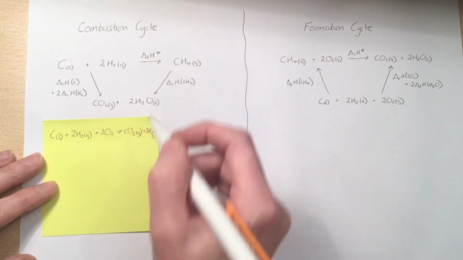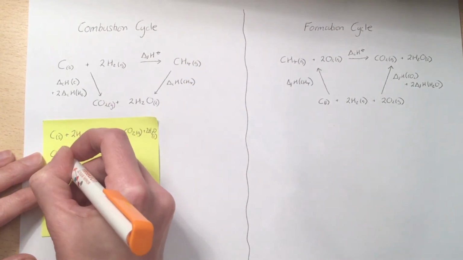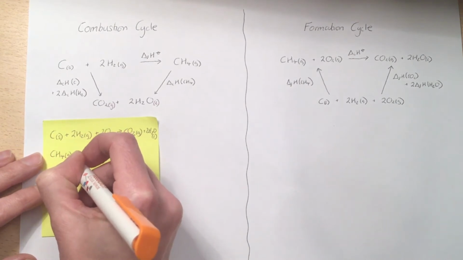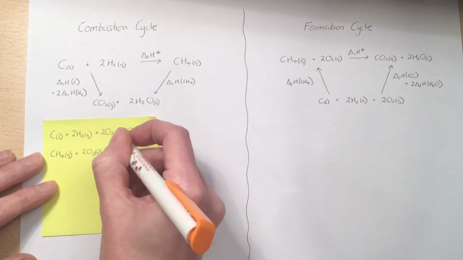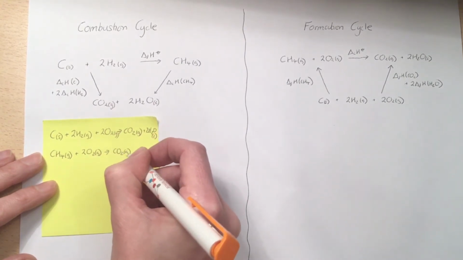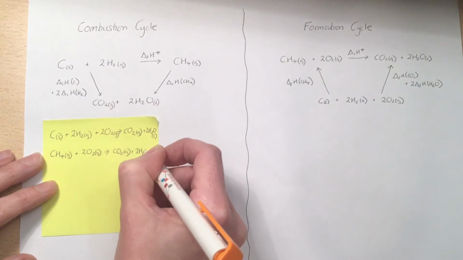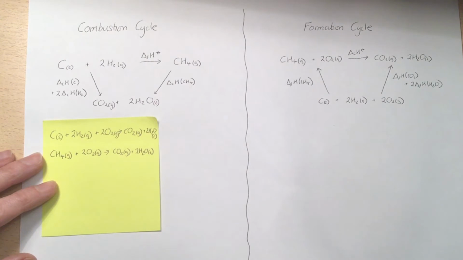This reaction on this side, again, it's combustion, this time of methane, and this one represents methane reacting with oxygen to form carbon dioxide and water. So the same products from both of those reactions.